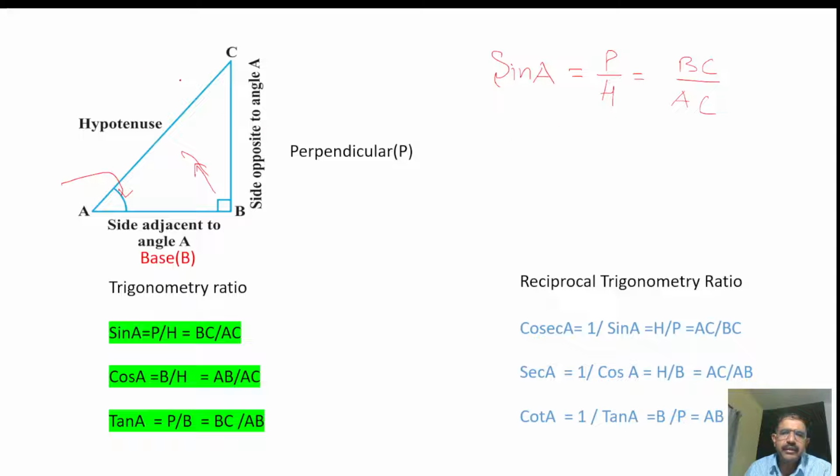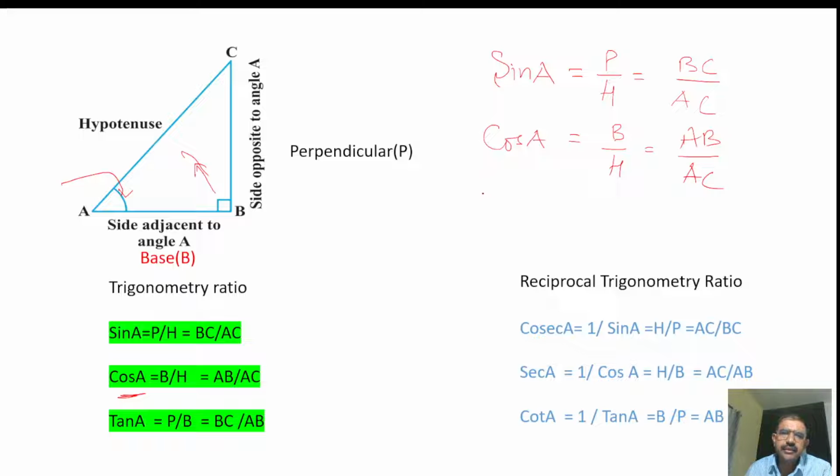Similarly, in the same triangle, I could find sin C, but I will take it later, no problem. Next, cos A. Simply we have to keep this formula in our mind. Cos A is basically base upon hypotenuse. So here, side AB is the base, and the hypotenuse will be AC.